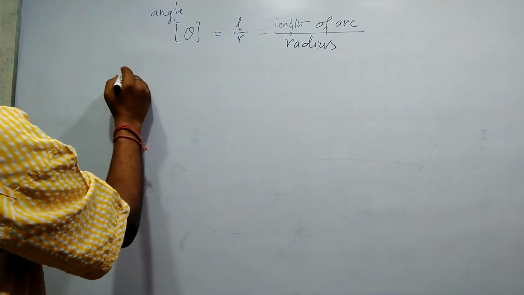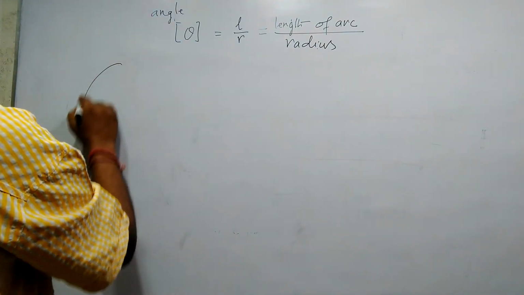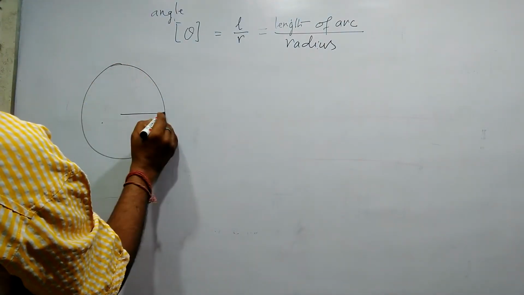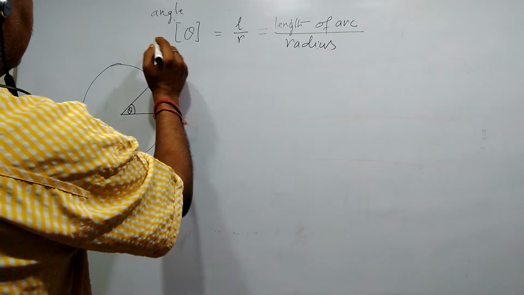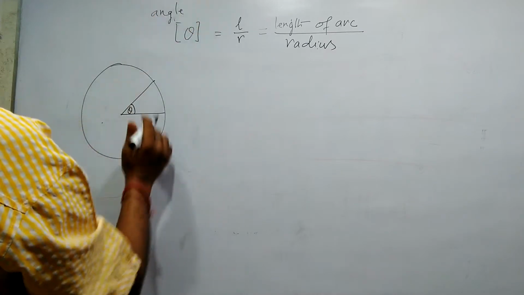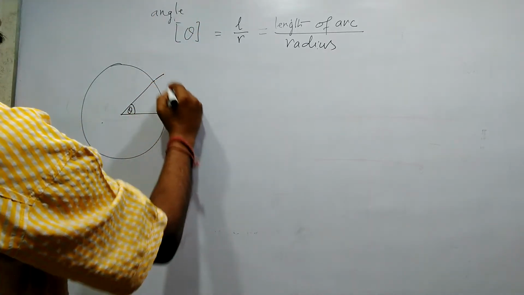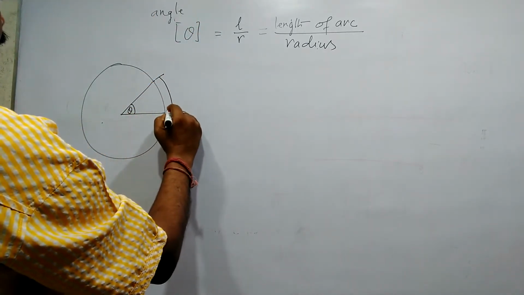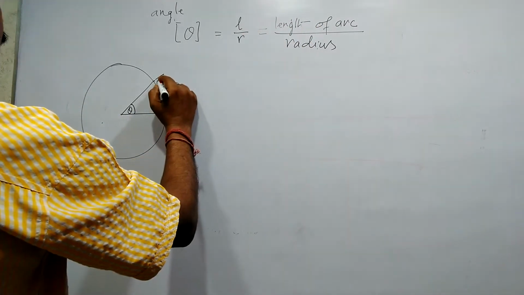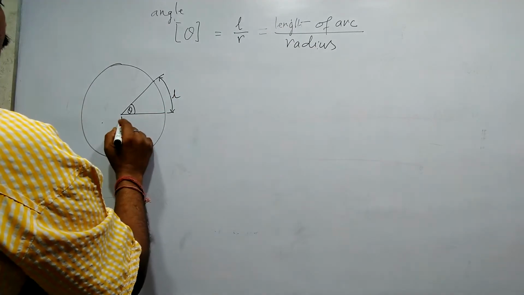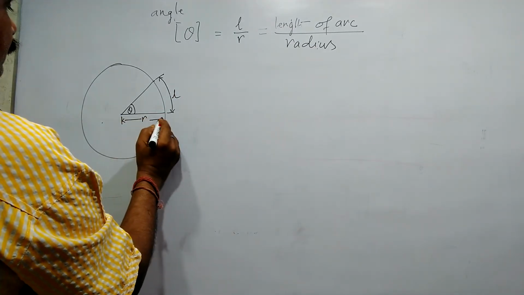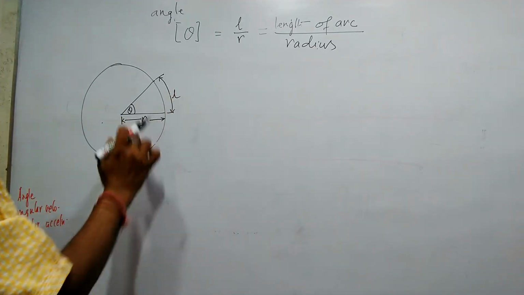Suppose this is the angular displacement, angle theta. This value is the length of the arc, L, and this value is R. Then theta equals L by R.